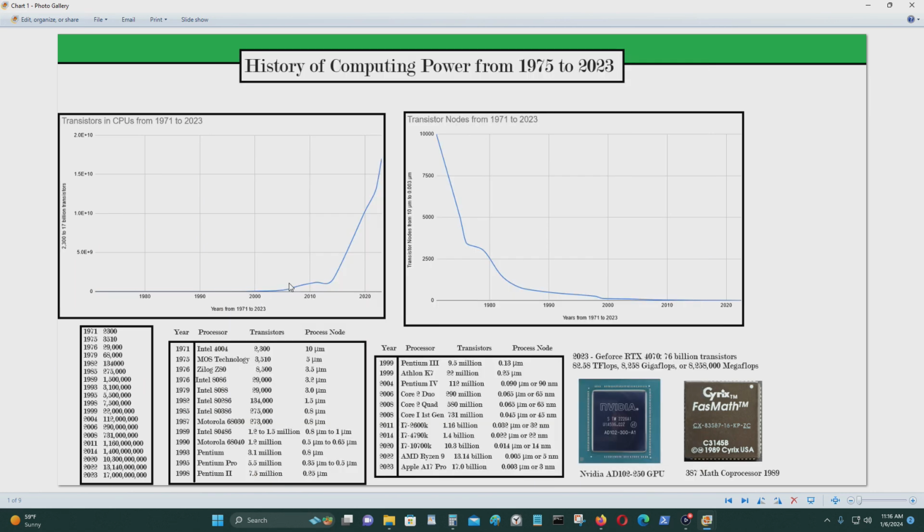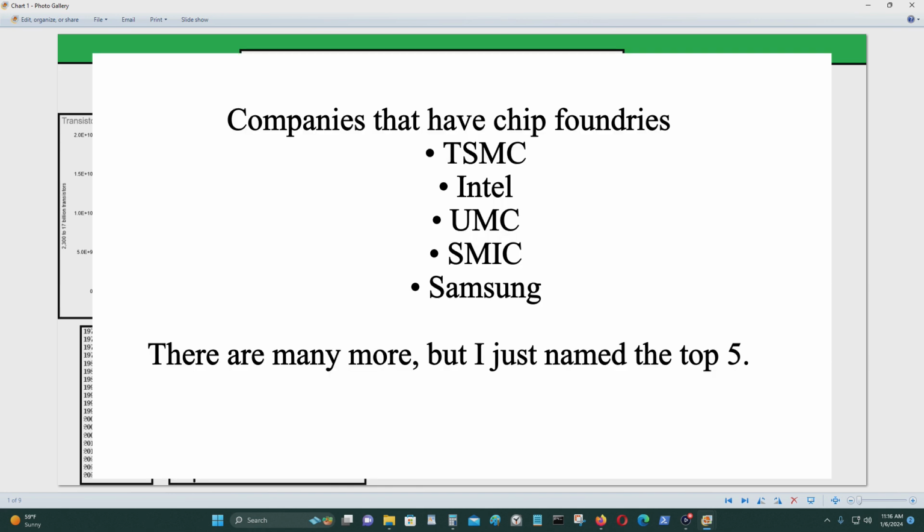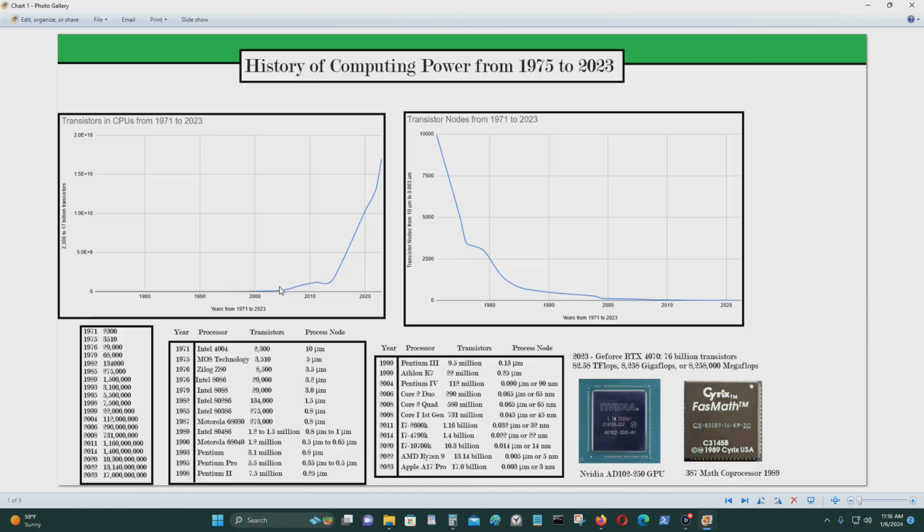So there's only a couple of key players that actually make CPUs and GPUs, like TSMC, which is based in Taiwan, and they make the most advanced chips in the world now.